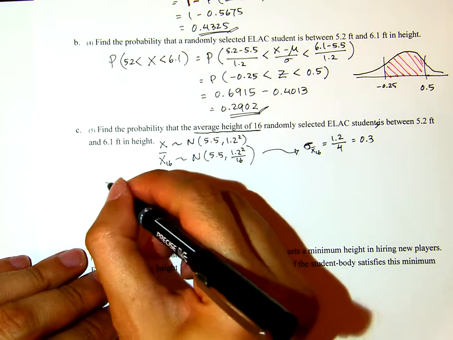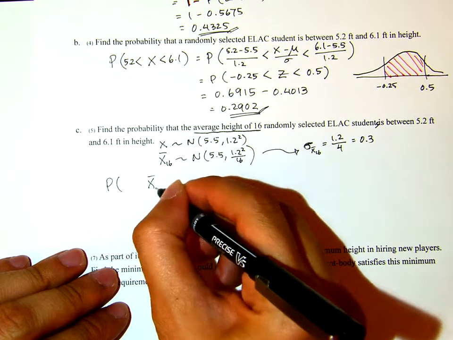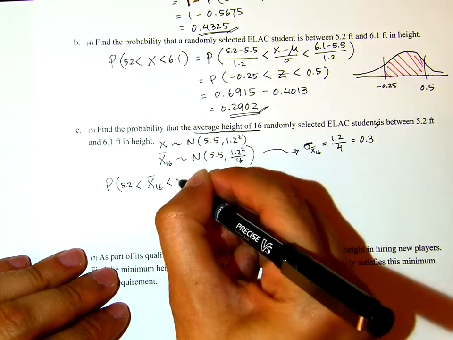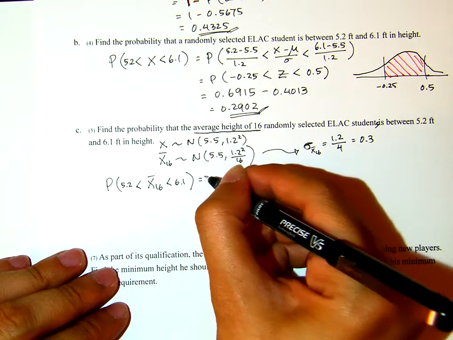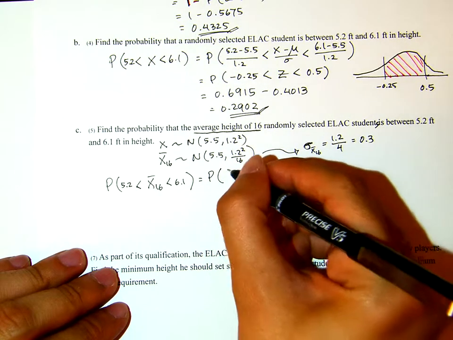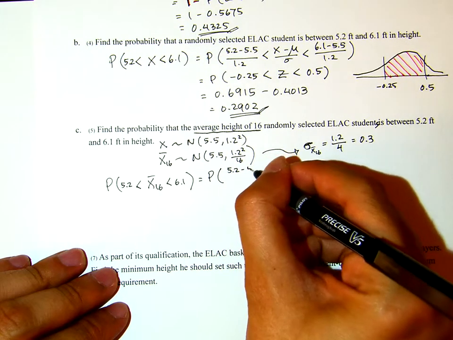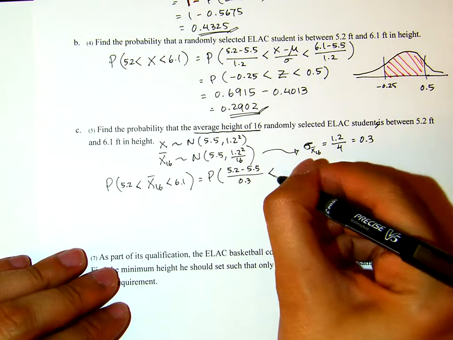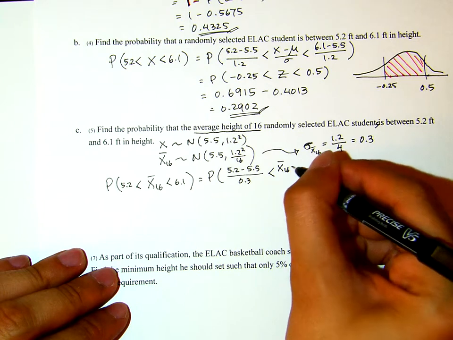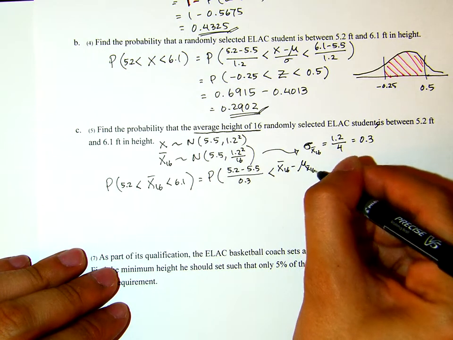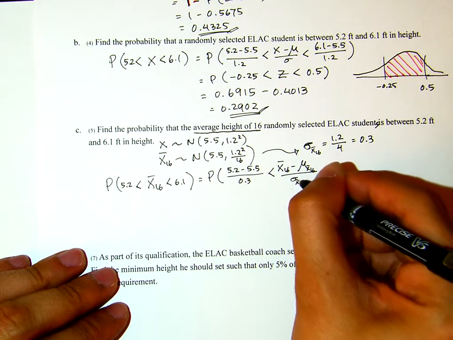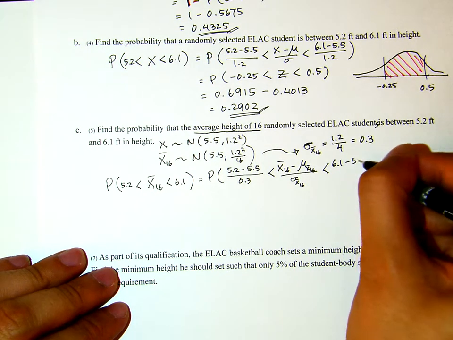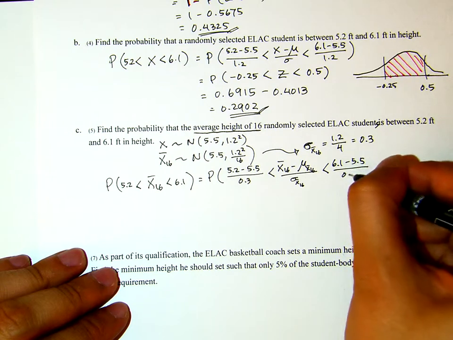Now the probability that X bar 16 is between 5.2 and 6.1: if I standardize that, it is the probability that (5.2 minus 5.5) over 0.3 is less than (X bar 16 minus mu of X bar 16) over sigma of X bar 16, less than (6.1 minus 5.5) over 0.3.